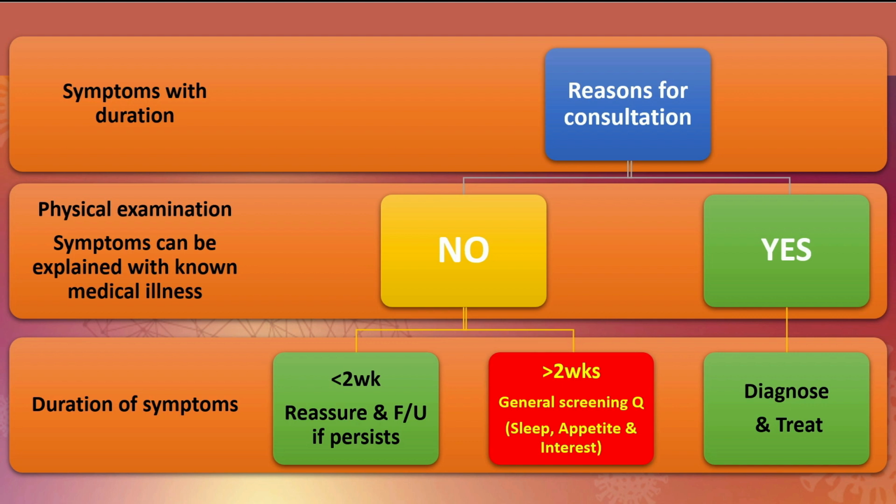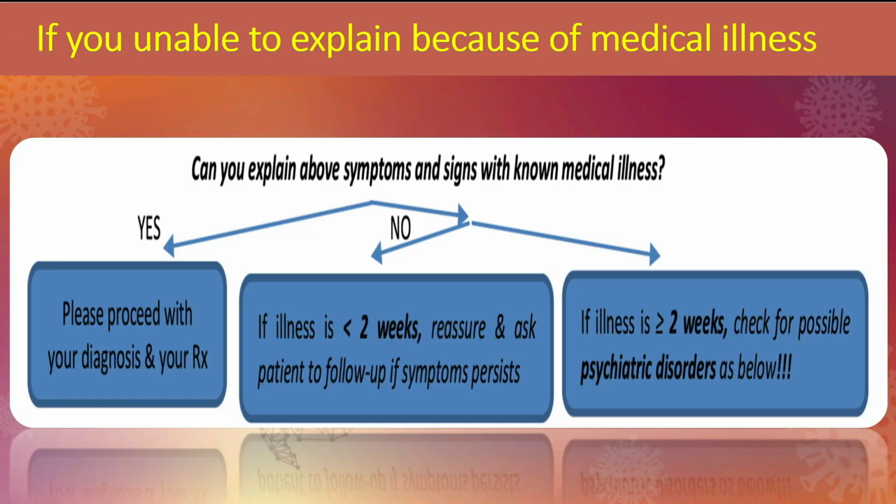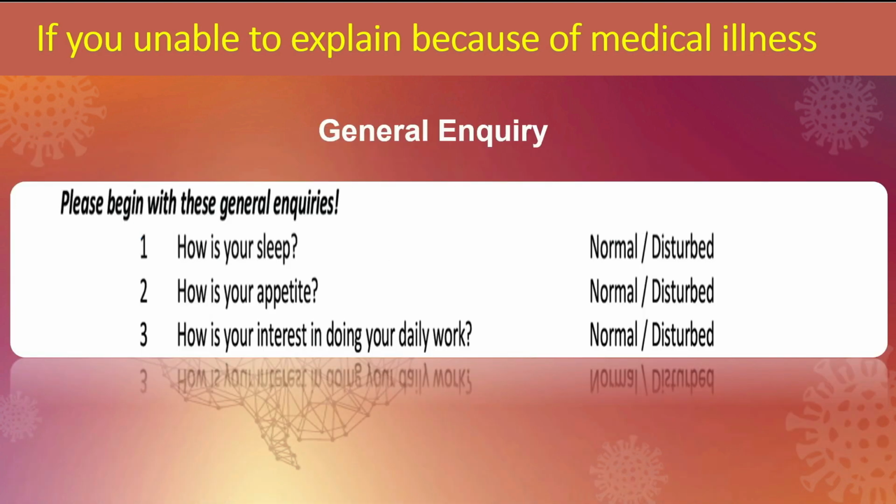If the patient reports the symptoms are there for more than 2 weeks, then you will use the clinical schedule for primary care psychiatry. This is how it goes: can you explain the symptoms and signs by a known medical illness? Yes, go ahead and treat. If it is no, that means if the symptoms are less than 2 weeks, reassure, call them back. If the patient has symptoms for more than 2 weeks, then you will use this.